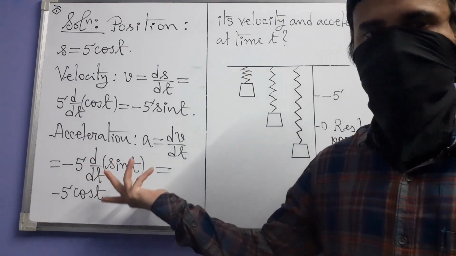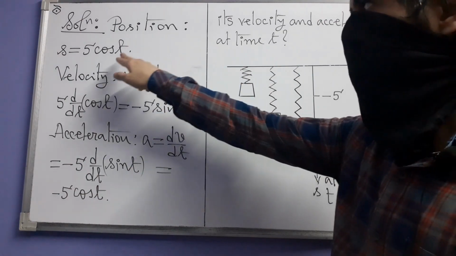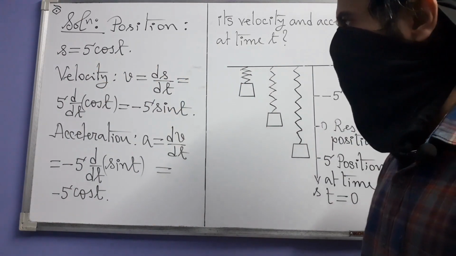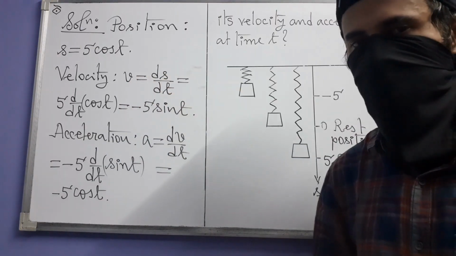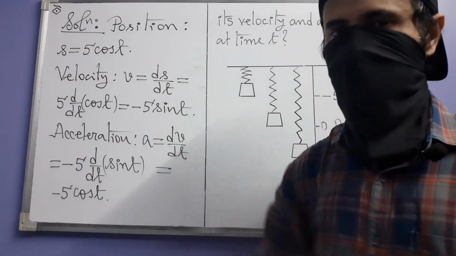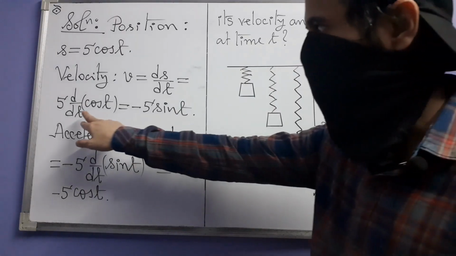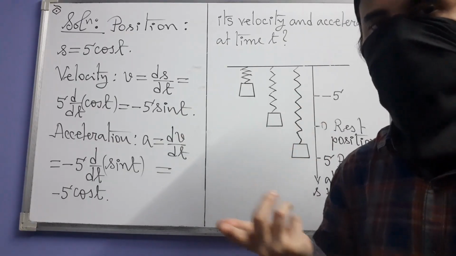So obviously the solution will be this. It's nothing surprising. You already have the position given, s equals 5 cos t. Now to calculate the velocity, we have to differentiate this with respect to time. So when you do that, 5 comes outside of the differentiation process by the constant multiple rule, so you then have the derivative of cos t, which is minus sine t.